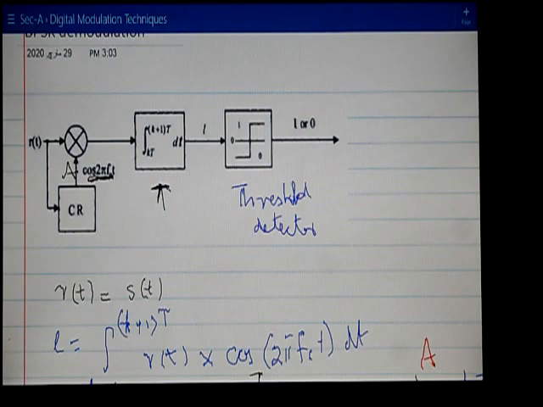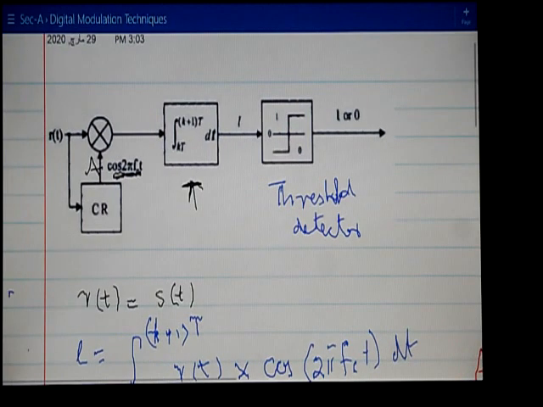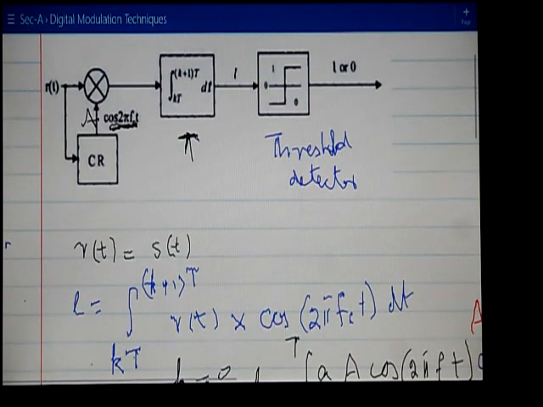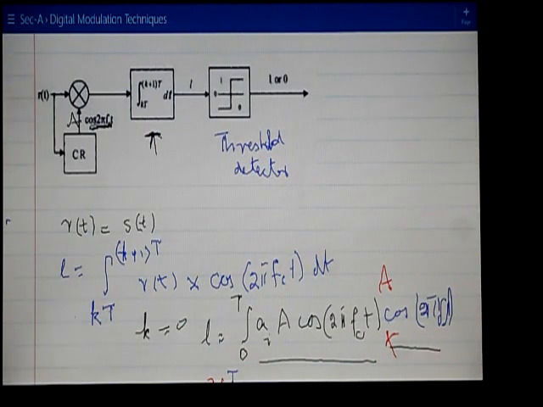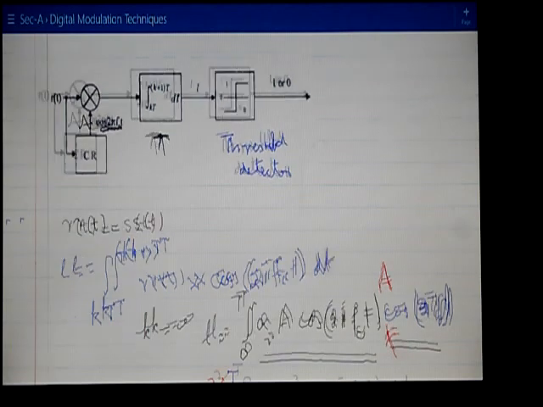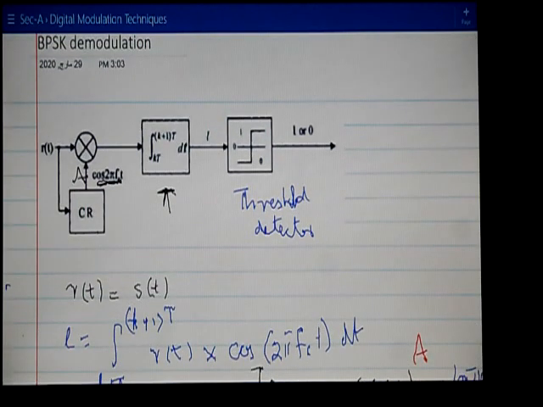We haven't discussed what the threshold should be. We leave it to the later sections, because the optimal value of the threshold has to be decided, but that would be discussed later in this course. So this is how the BPSK demodulator works.